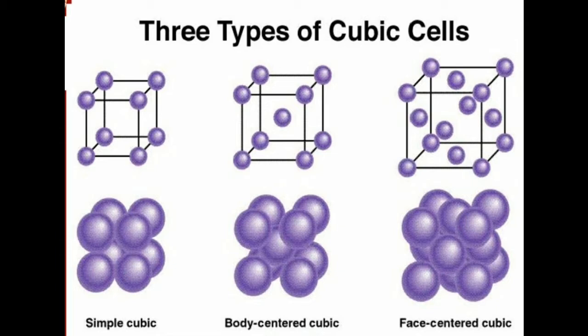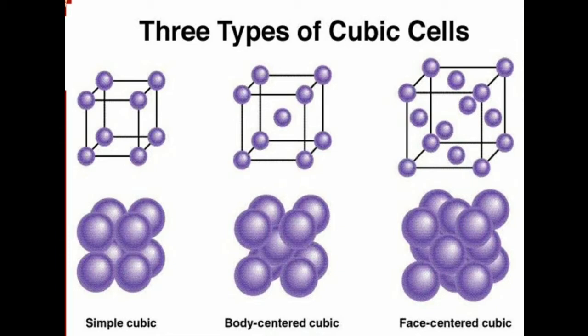As in the first diagram, all the 8 corners are occupied by violet color balls, which represent the atoms. The second diagram represents body centered cubic. In this case also all the 8 corners are occupied, and at the center position we have one violet ball, which also represents an atom. So all the 8 corners plus one body center.